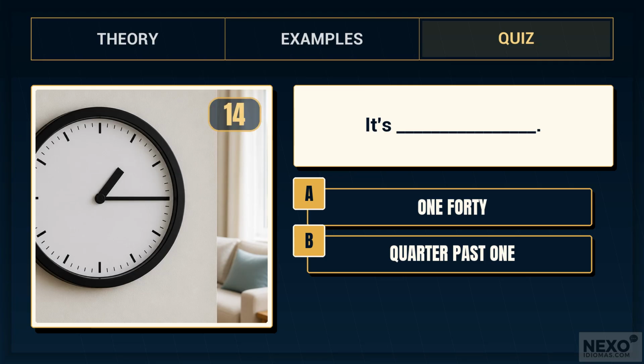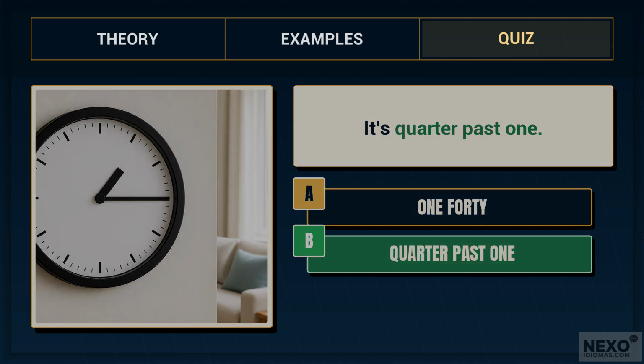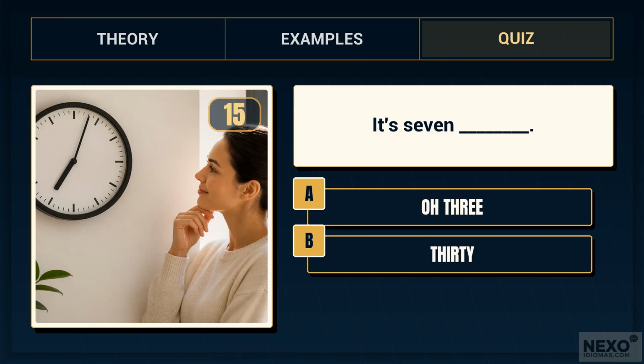Choose an option. Quarter past 1. It's 1:15. Choose an option.